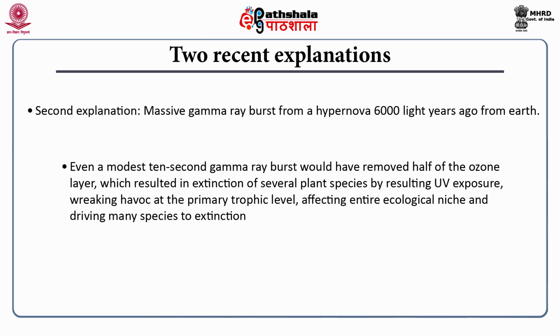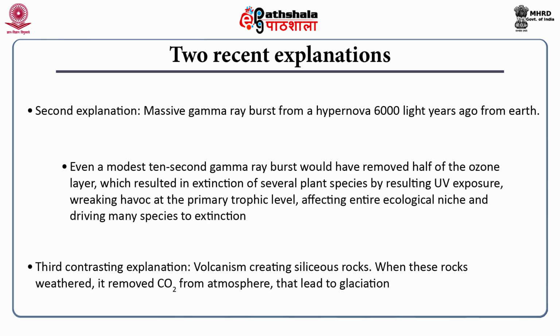That effect is a lot more serious, because without the ozone layer none of the surface inhabitants of planet Earth could ever live. Several plant species would go extinct almost immediately, and because of the absence of the ozone layer, the UV radiation exposure would be quite high. That would have wreaked havoc at the primary trophic level, affecting the entire ecological niche and driving many species to extinction.